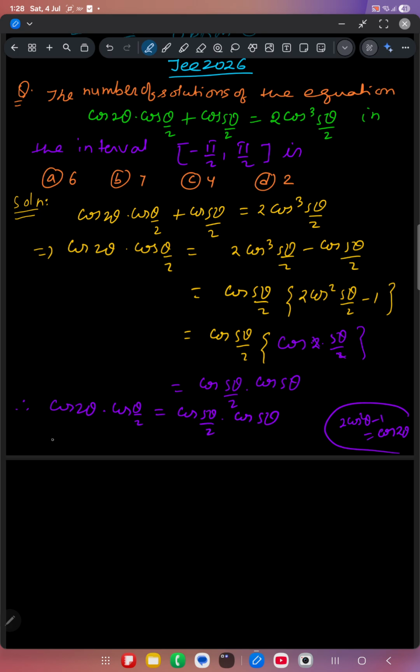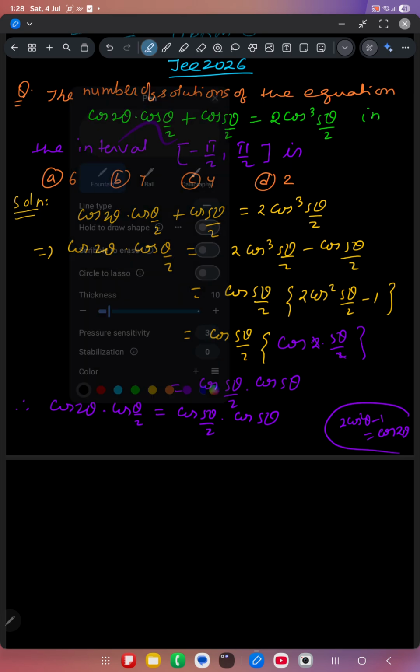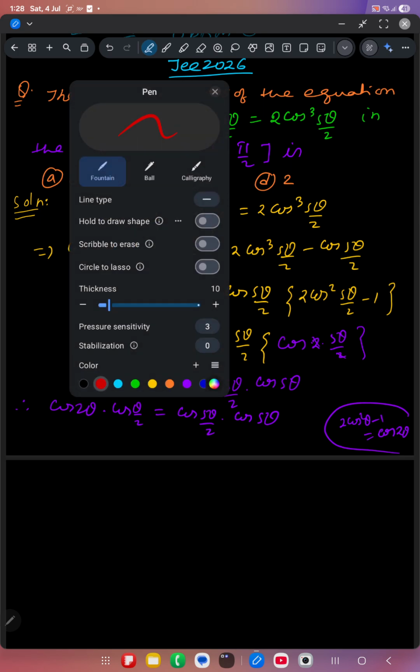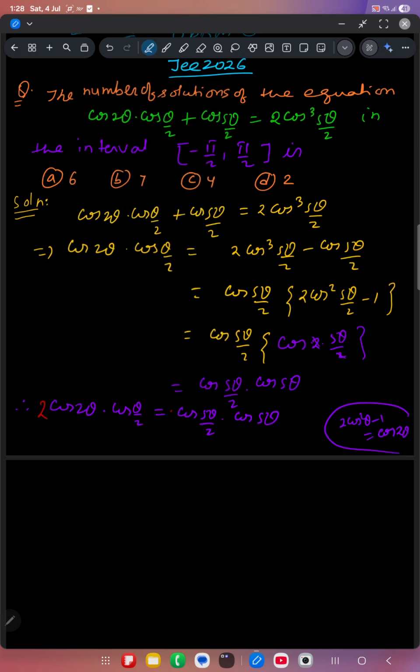Okay. Now we will just multiply both sides by 2. Why? Because we will use another formula. Which formula? One more formula you know: 2 cos A cos B gives you cos of (A plus B) plus cos of (A minus B). This formula you know, so we will use that formula.